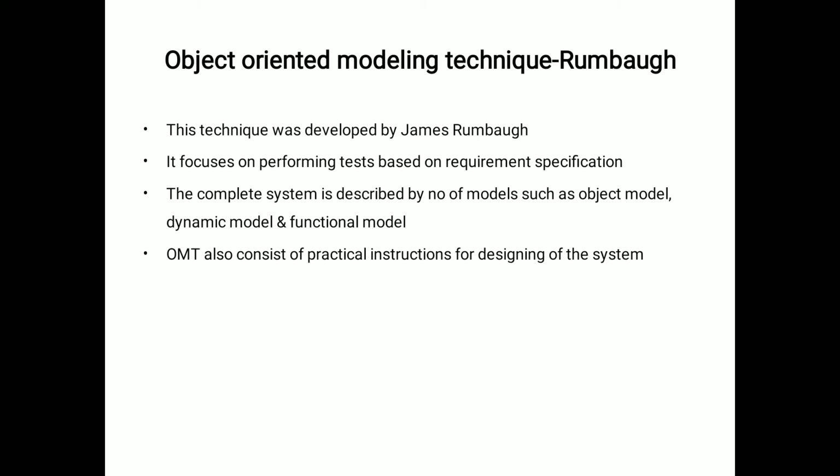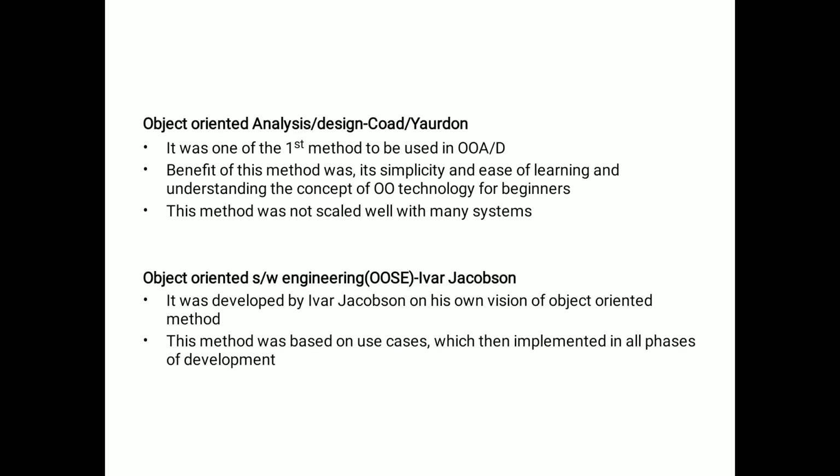Object modeling technique also consists of practical instructions for designing the system. Now, this object-oriented analysis and design code, you are done. It is the first method to be used in object-oriented analysis and design.